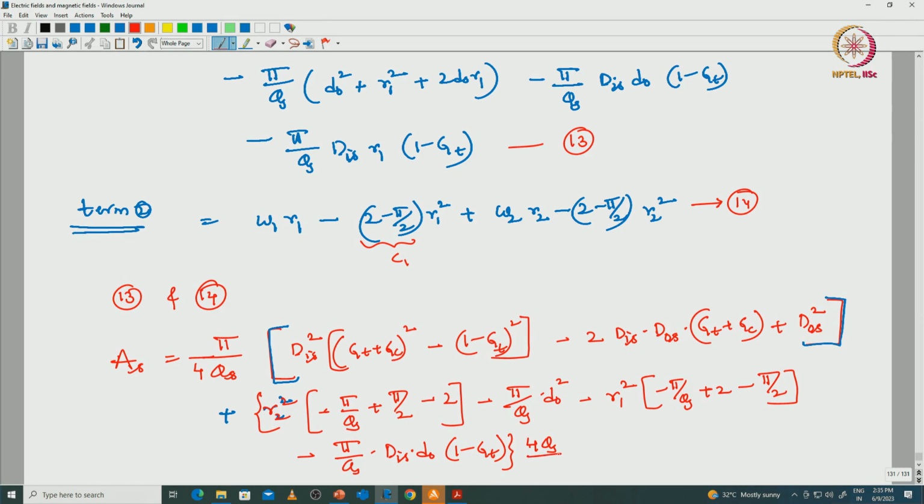Four qs by pi, I am multiplying to make the common bracket with respect to the total equation. Just 4 qs by pi, and outside pi by 4 qs I am taking it common.